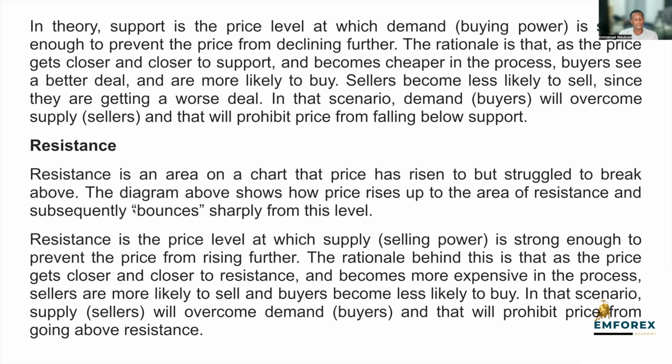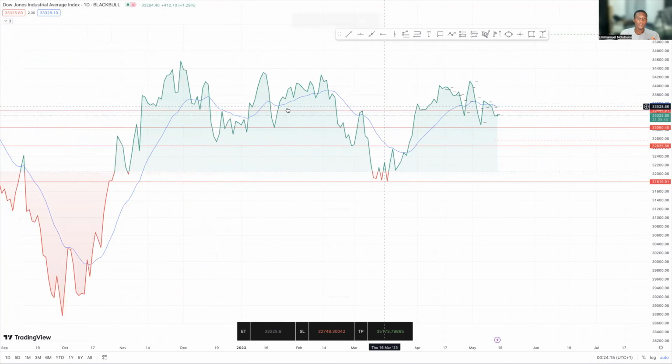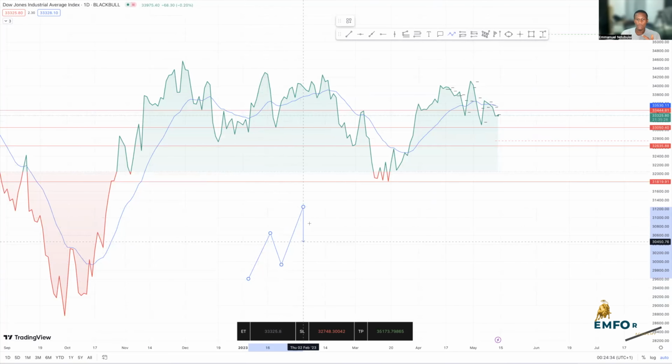Now basically, if we go to our charts, we'll see that resistance areas are those areas that price has risen to. When you see a rise to the upside, the price has risen to it, but now it fails to break it. Price could either drop and continue or drop all the way to the downside and continue a fresh trend.